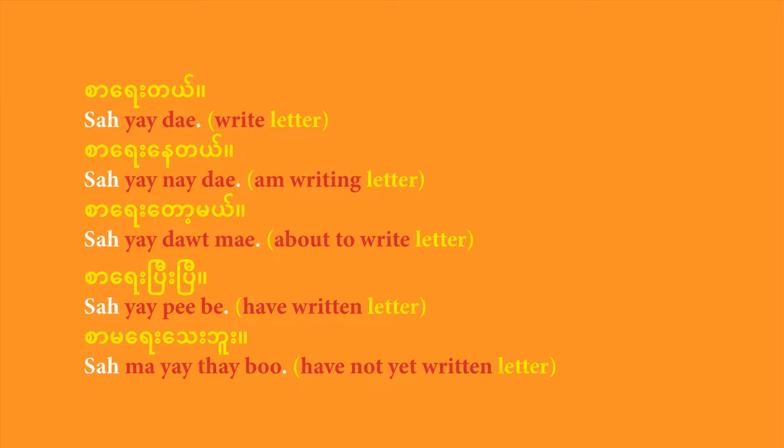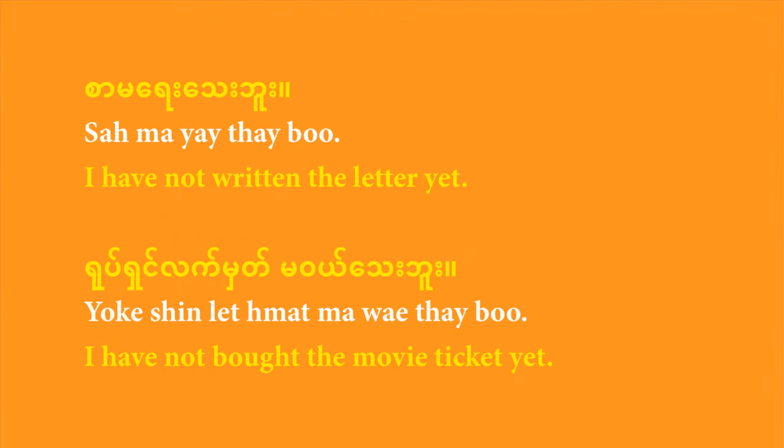There's one more variation that is important to learn. That's a slightly different flavor of the last haven't done form. So the versions you have learned so far, Samaye debu and Yokshinlema maware debu. Let's take them separately. Samaye debu usually means you're the one who has decided it's not yet time to write that letter, or it's not that important yet, so you're the one putting it off.